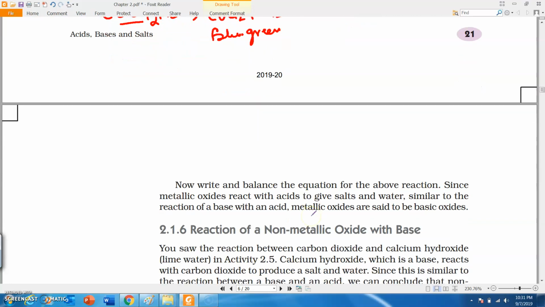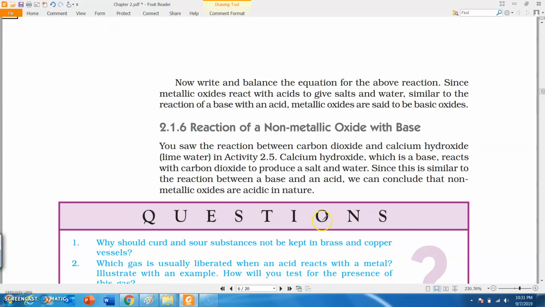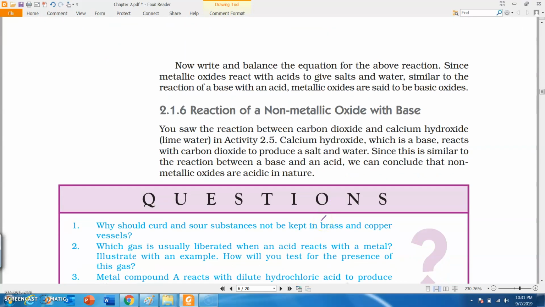Now the next thing is reaction of non-metallic oxide with base. Here we will take calcium hydroxide. Calcium hydroxide is base. We have seen the reaction of carbon dioxide with calcium hydroxide.